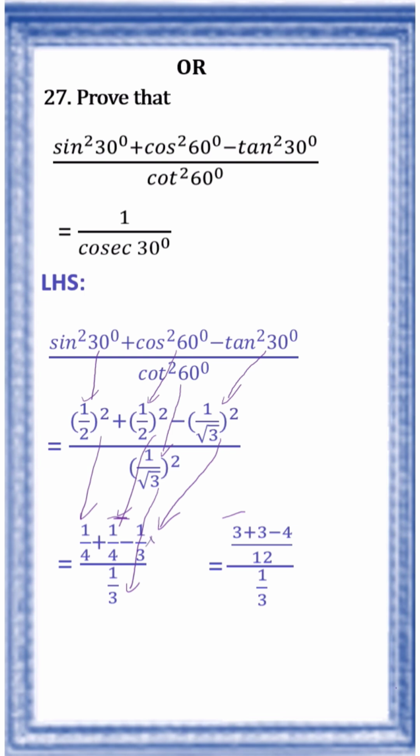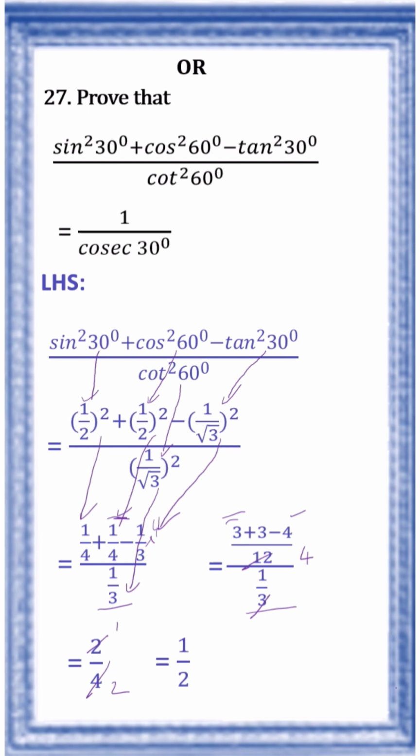Here multiply with 4. 1 into 4 is 4 by 12. In the denominator 1 over 3. 3 plus 3, 6, 6 minus 4 is 2. So 2 by 4, that is equal to 1 by 2.